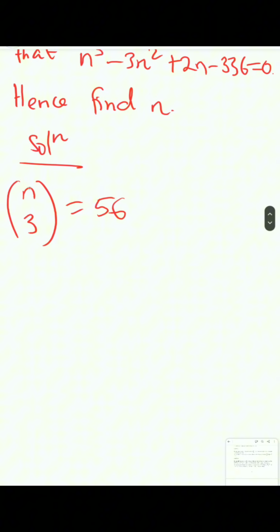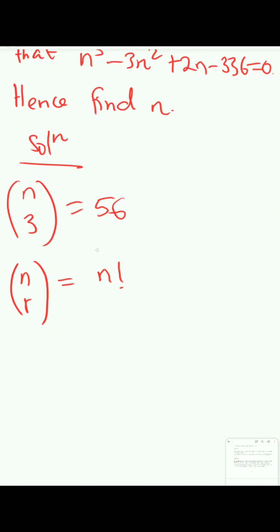But what we know is that n choose 3 is the same as n choose r, which is given as n factorial over n minus r factorial times r factorial.